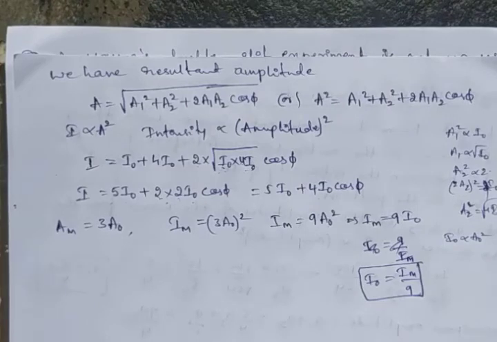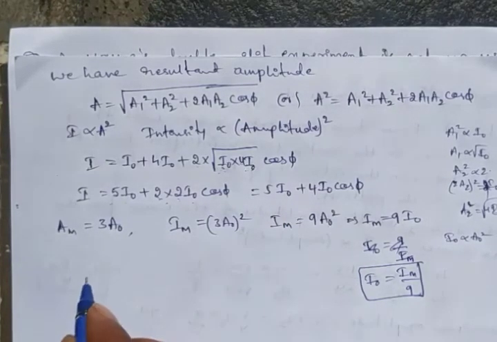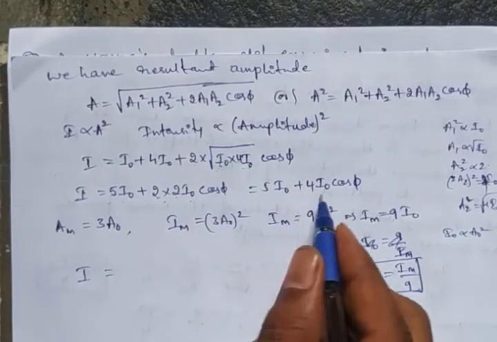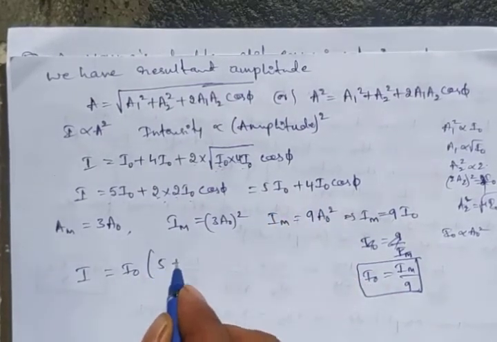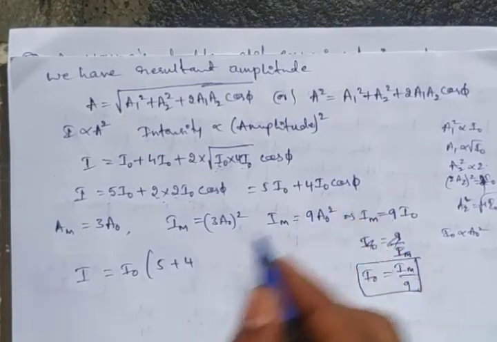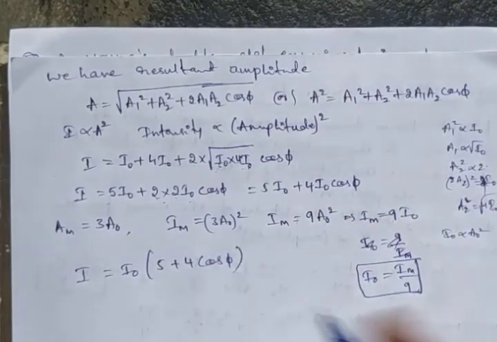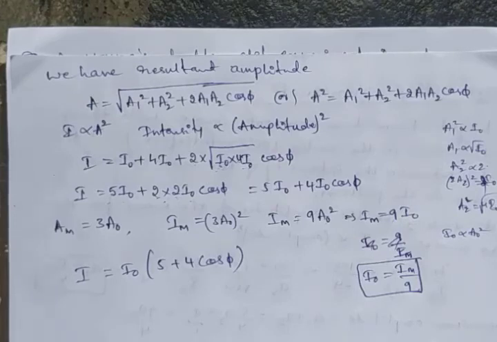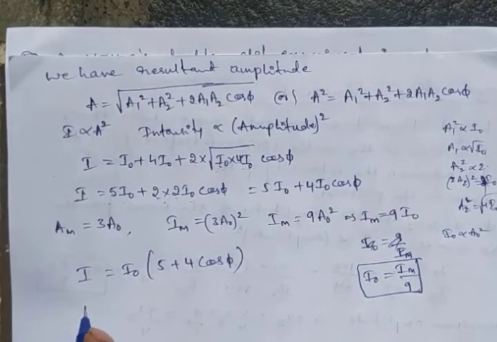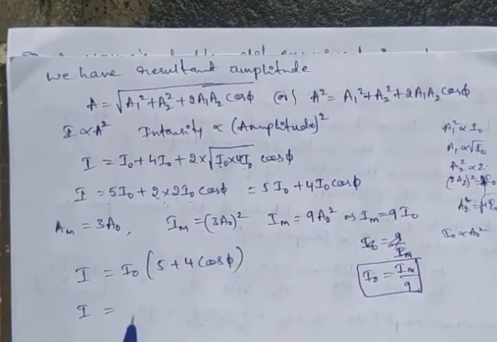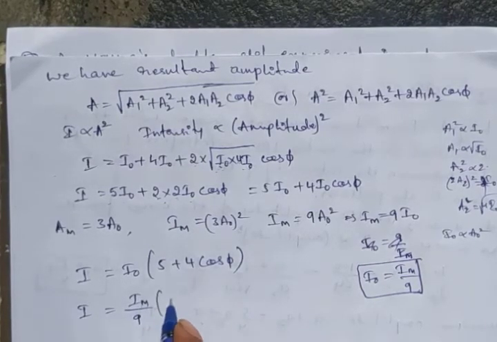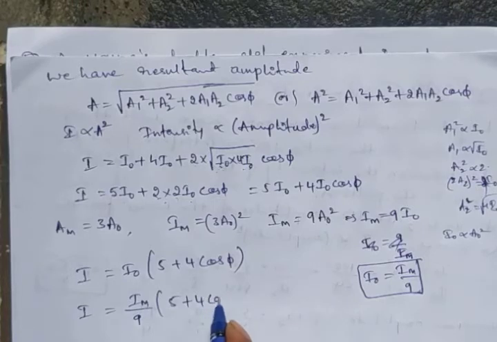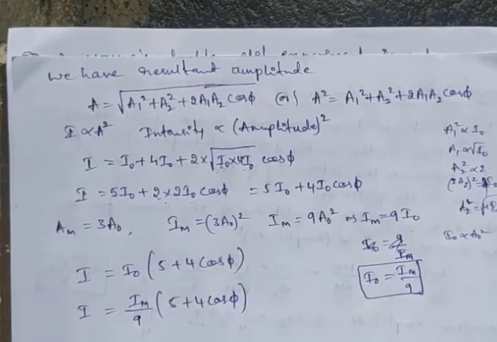Next, from this we can write that I is equal to, taking I naught common, what is the remaining? 5 plus 4 cos pi. Next, I is equal to, we can substitute the value of I naught, I m by 9 into 5 plus 4 cos pi.